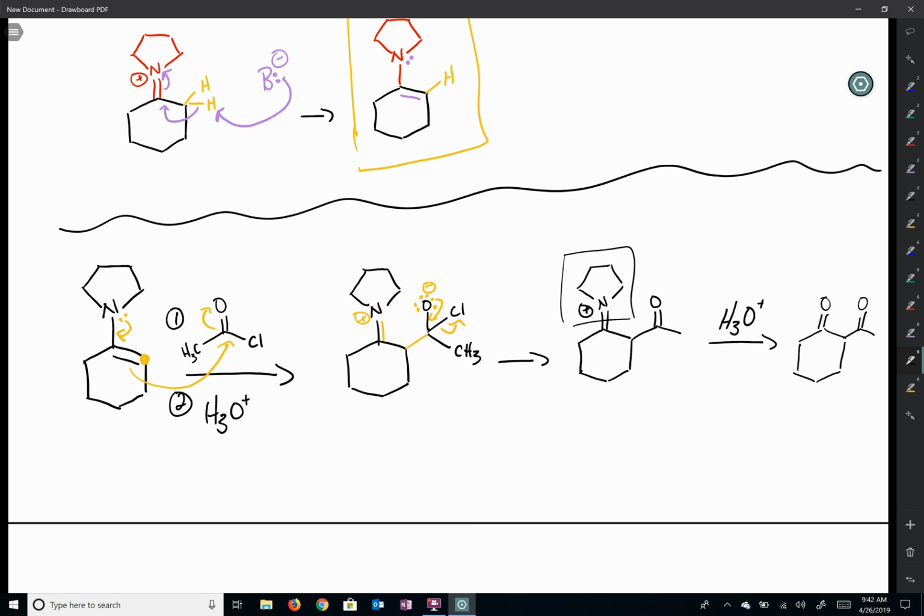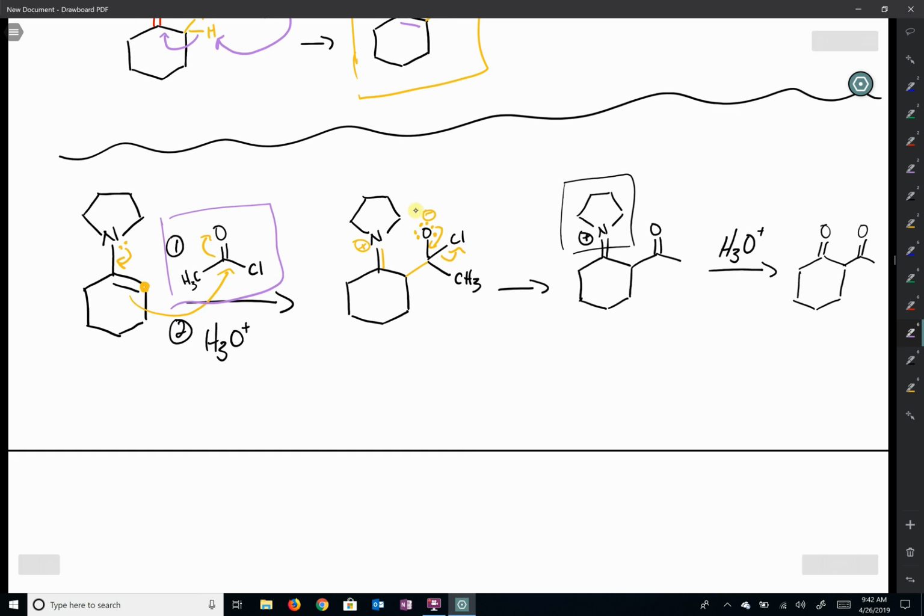So acyl halides here, we can add those to enamines and add to the alpha carbons there, okay? These will also react, as I mentioned previously. Enamines will react with allylic halides.